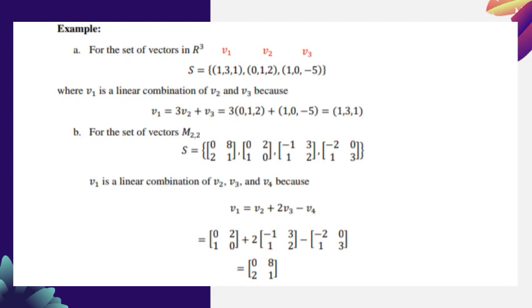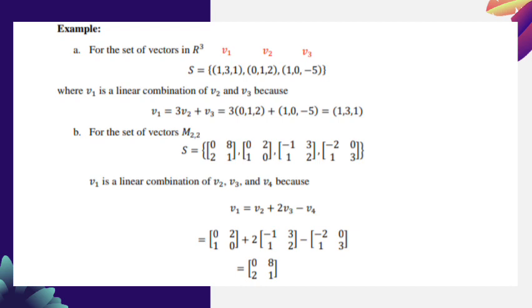Letter B, for the set of vectors in M sub 2,2, S equals (0, 8, 2, 1), (0, 2, 1, 0), (1, -1, 3, 1), and (2, -2, 0, 3, 3), where V sub 1 is a linear combination of V sub 2, V sub 3, and V sub 4, because V sub 1 equals V sub 2 plus 2 V sub 3 minus V sub 4.